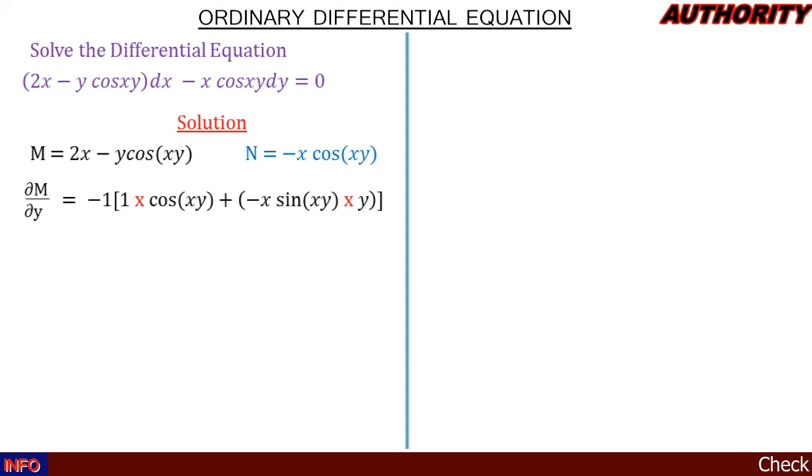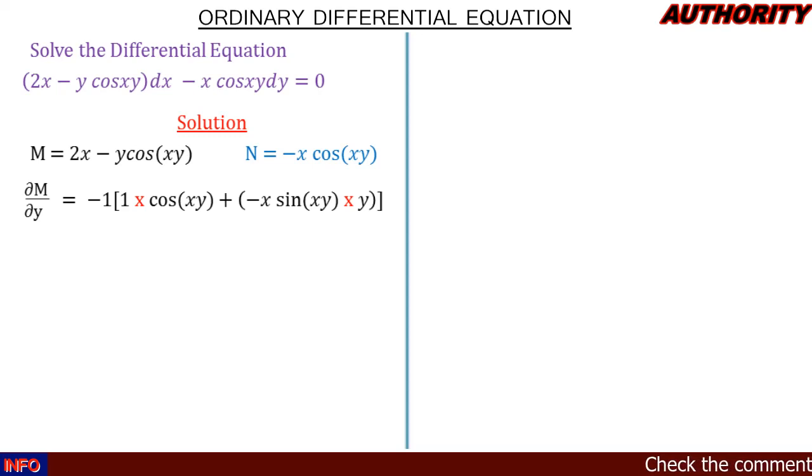We differentiate y, multiply by cos xy, plus we differentiate cos xy, multiply by y. When we differentiate y, it gives us 1, then 1 multiplied by cos xy. Then we say plus, we differentiate cos xy. What is it going to give us?